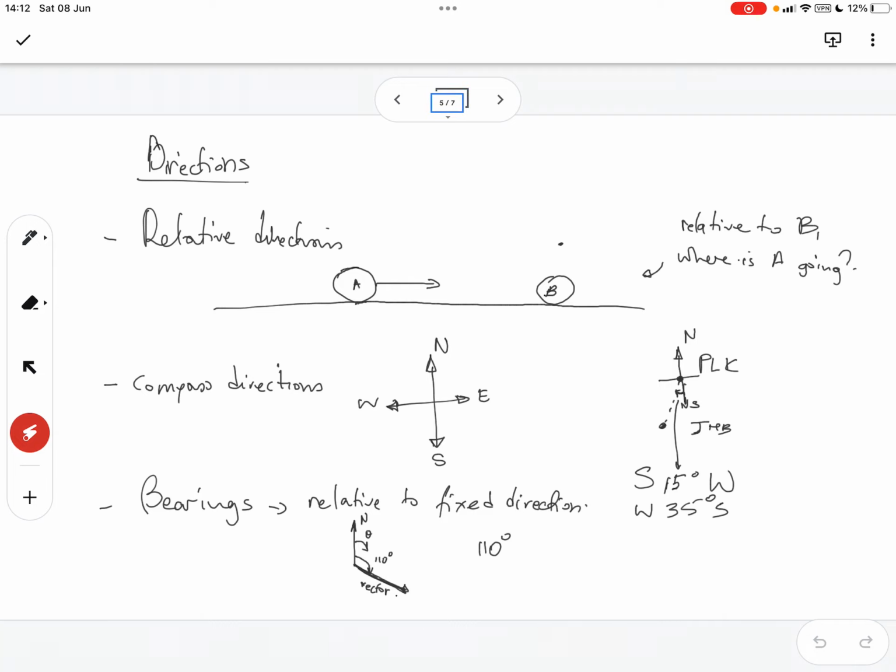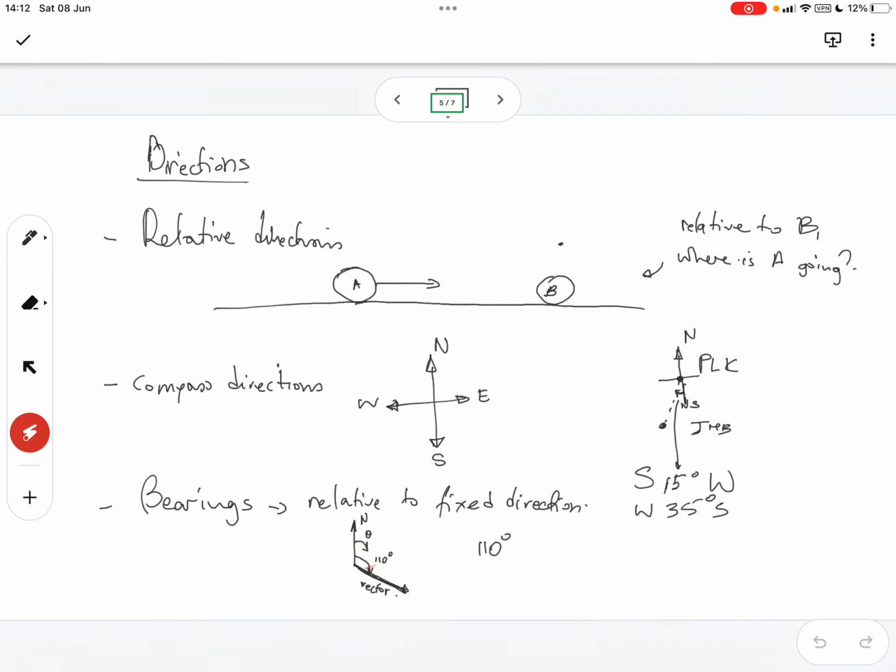In the previous example, this 110 is for this specific example.